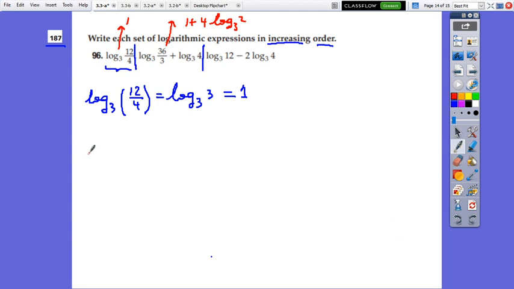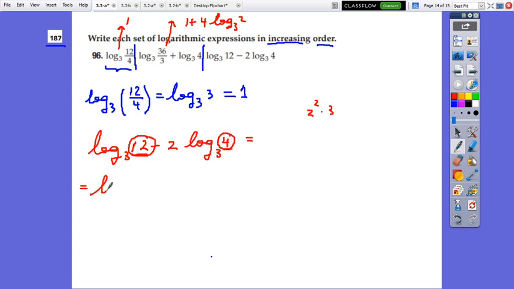It will be log base 3 of 12 minus 2 log base 3 of 4. 12 came from 2 squared times 3, and here 4 came from 2 squared, so instead of 12 and 4, we can write log base 3 of 2 squared times 3 minus 2 log base 3 of 2 squared.